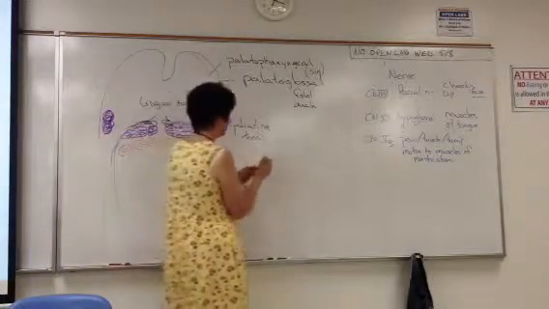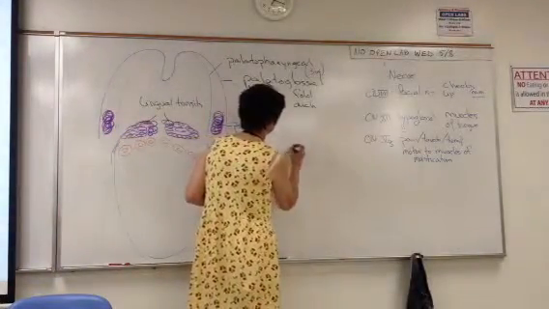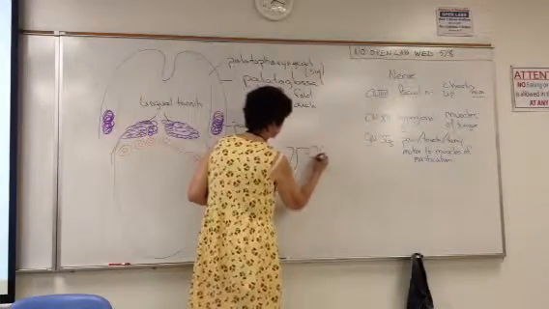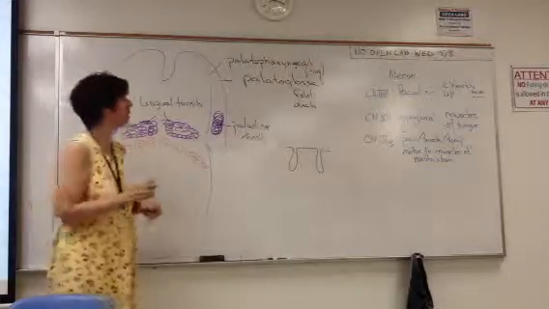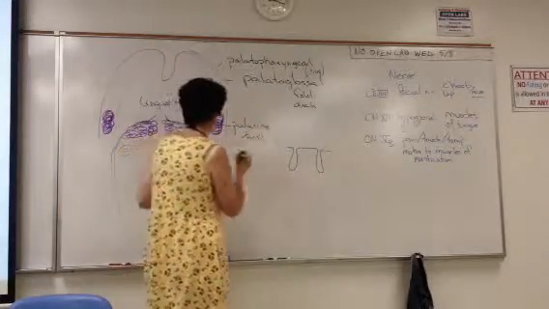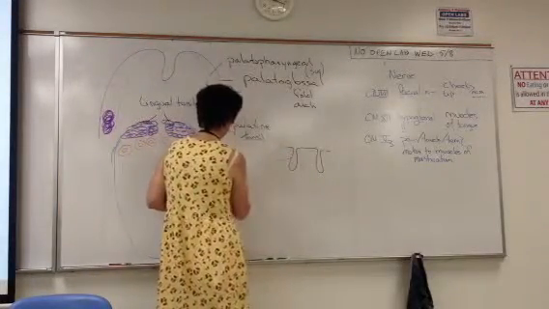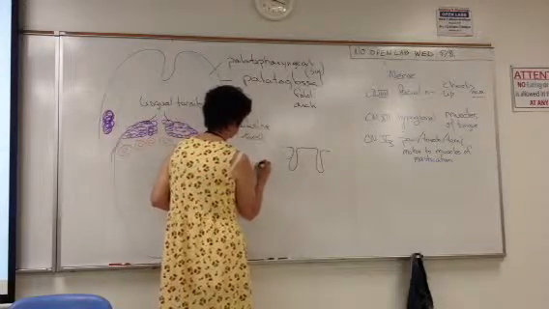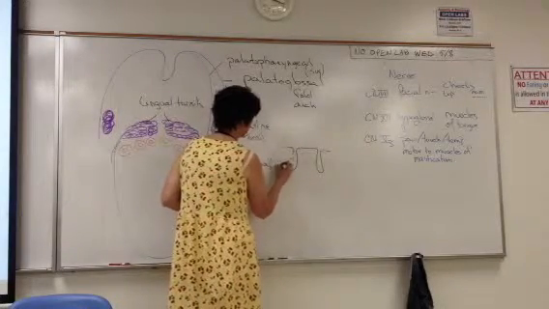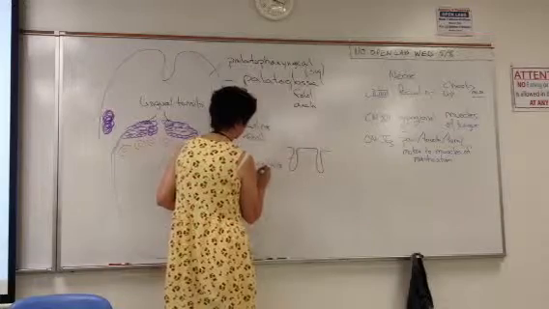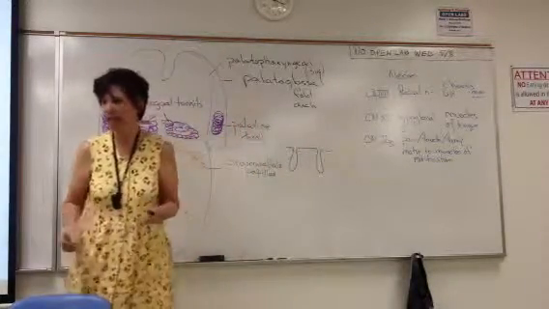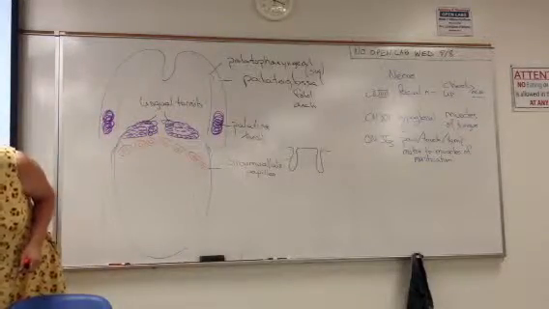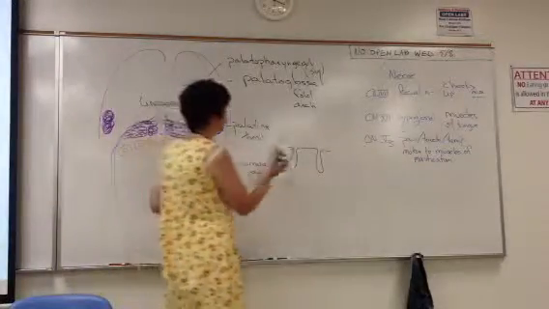So if we look at them in this view, they have that moat. And these are called the circumvallate papilla. And these have taste buds for the bitter taste. And they're down in the moat.